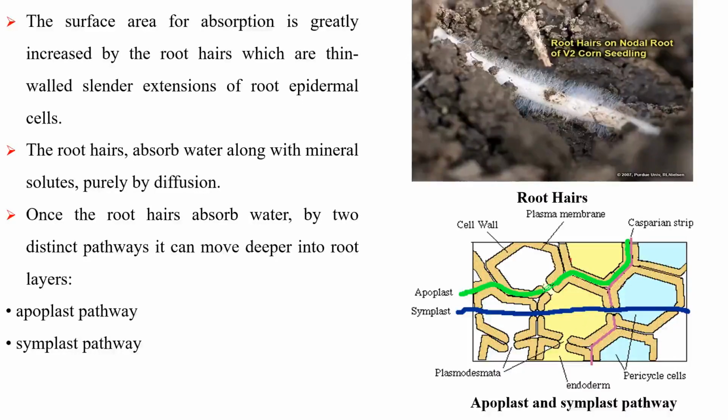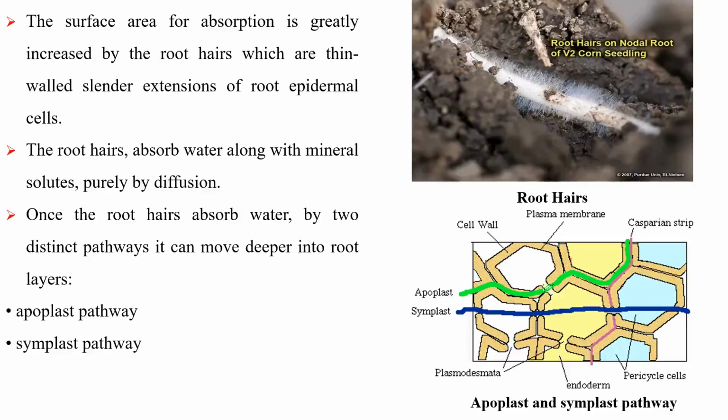The surface area for absorption is greatly increased by the root hairs, which are thin-walled, slender extensions of root epidermal cells. The root hairs absorb water along with mineral solutes purely by diffusion. Once the root hairs absorb water, it can move deeper into root layers by two distinct pathways.